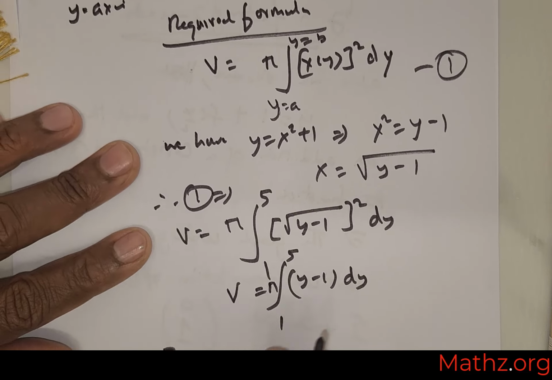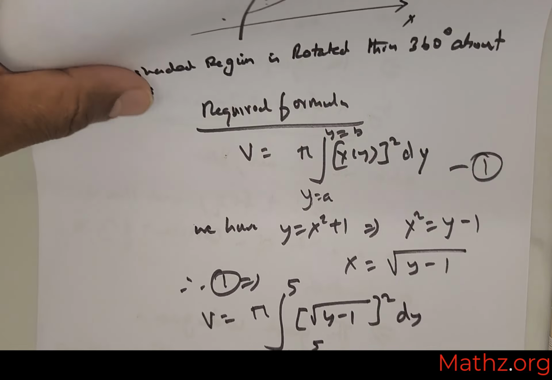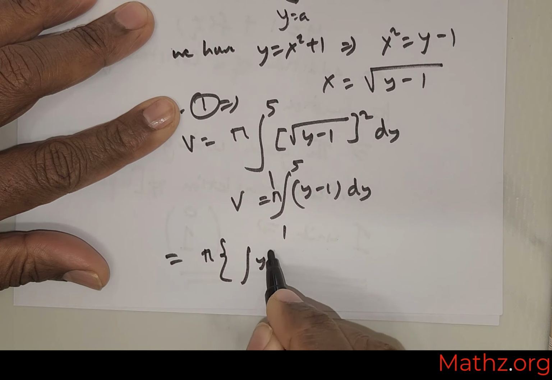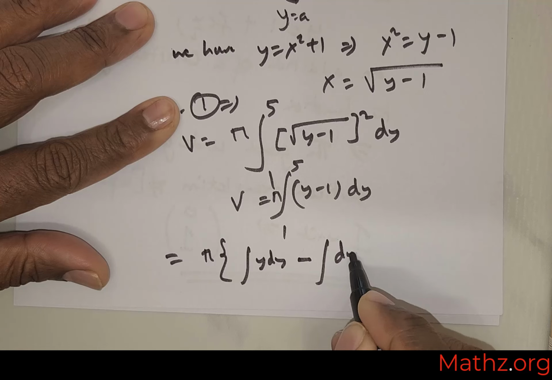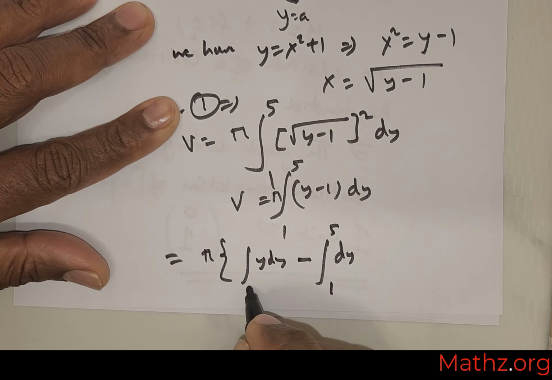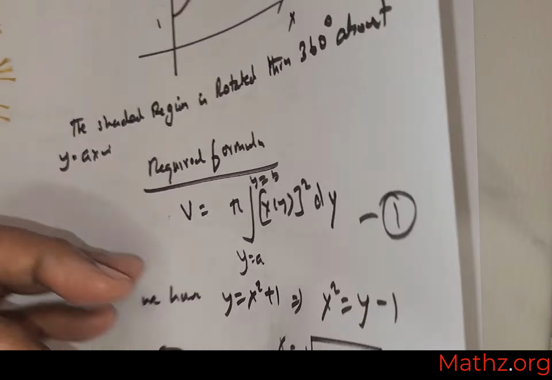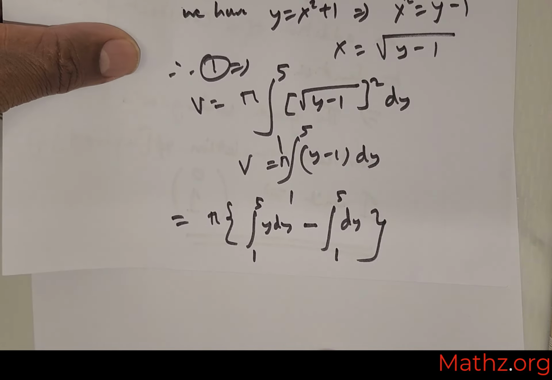Now you distribute the integral. If you were to distribute the integral, you would be getting pi times integral of y dy negative integral of dy, limits are 1 to 5, 1 to 5. From here onwards, I am moving to the next page.